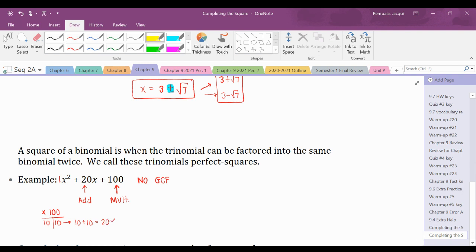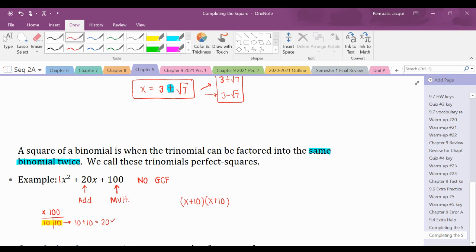So that means I want to take these two numbers and put them into my parentheses. We'd start each of our parentheses with an x, and then we have to finish both of these with a positive 10. So notice that, like it says above, we have the same binomial twice.